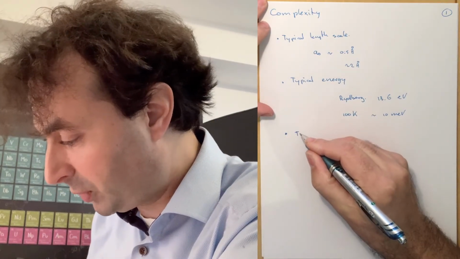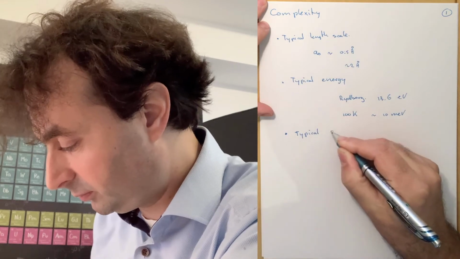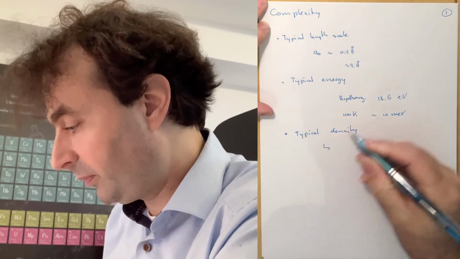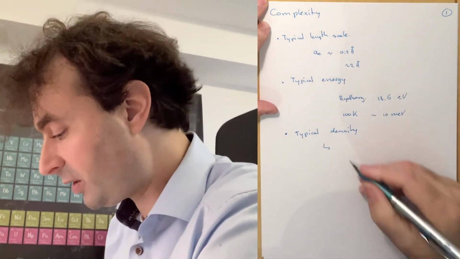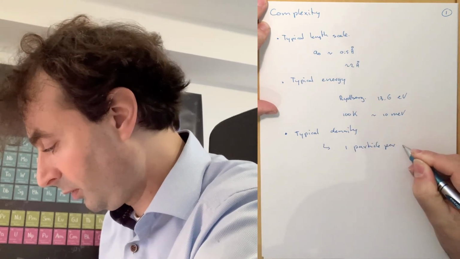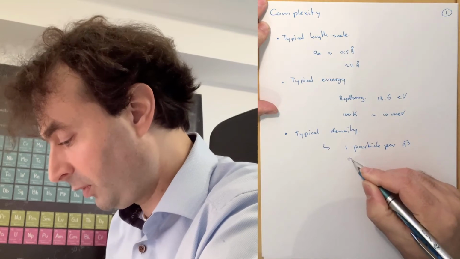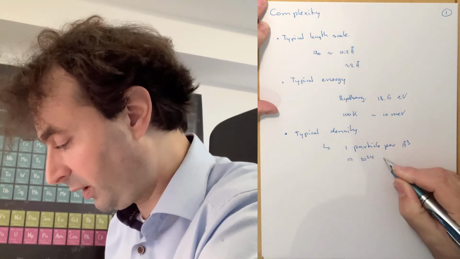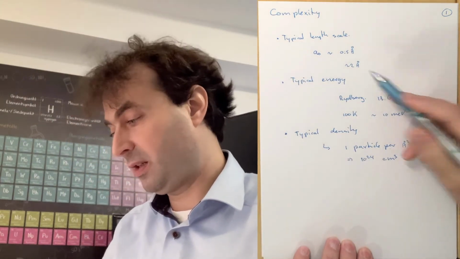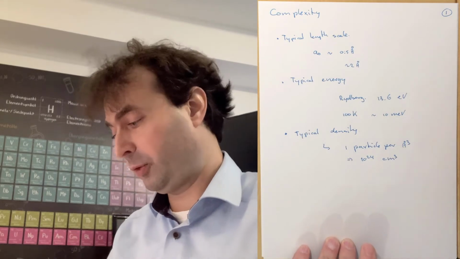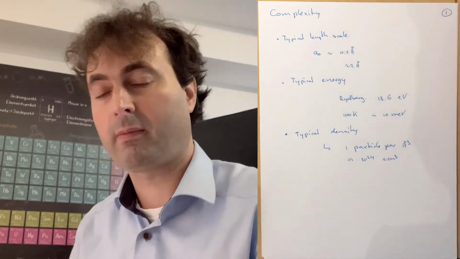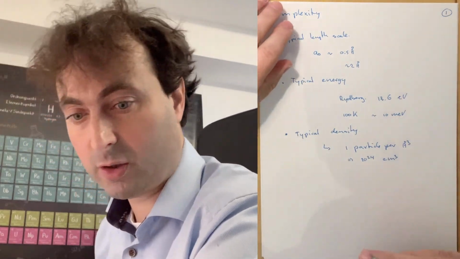Then we have to look at the typical densities. Well, if typical distances are of the order of an angstrom, then we say we have one particle per cubic angstrom, or 10 to the 24 per cubic centimeter. And of course, if the distance is 2 angstrom, we have basically 1/10 of a particle per cubic angstrom, or 10 to the 23 particles per cubic centimeter, which is roughly what you encounter in solids.